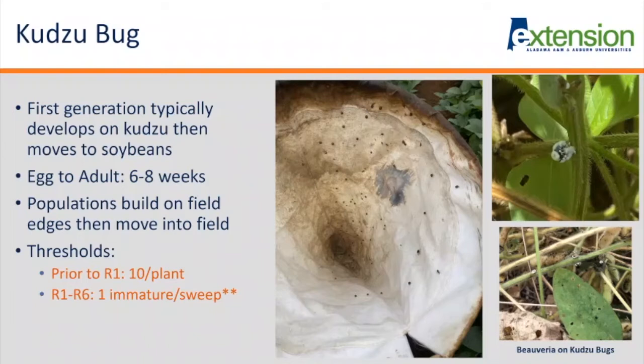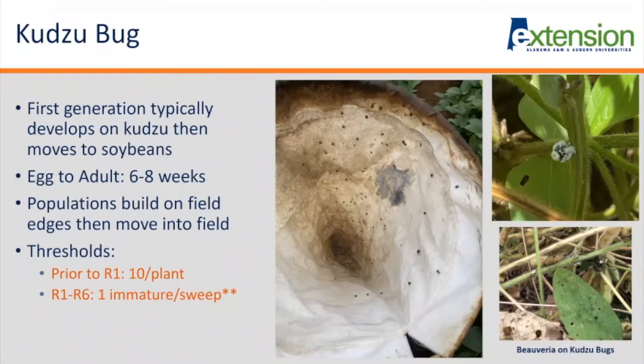This is another one, Dr. Smith, that's really important, that we wait until we see the immatures, particularly when the beans are in the reproductive stage a little bit later, because they can continue to reinfest the field. But once those immatures hatch out, they're stuck there. They can't fly. They can't really move around out of the field.